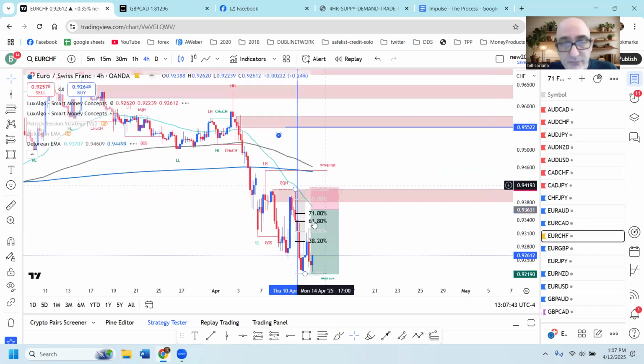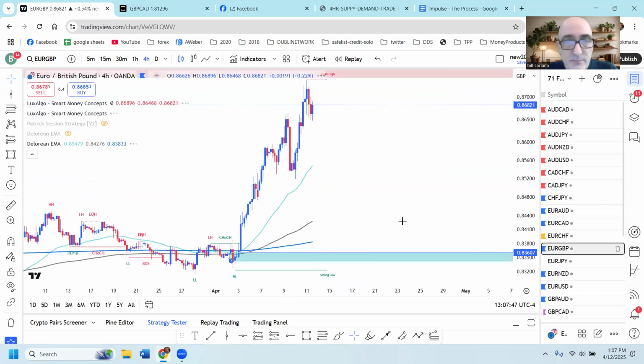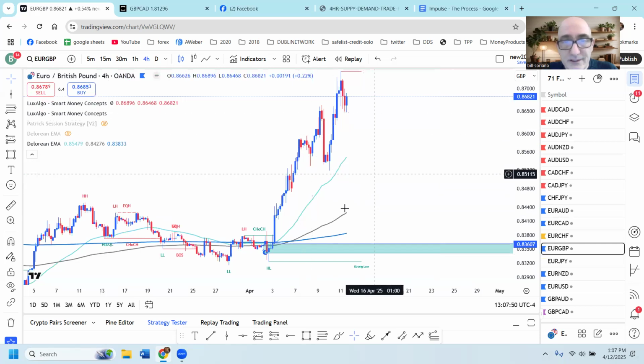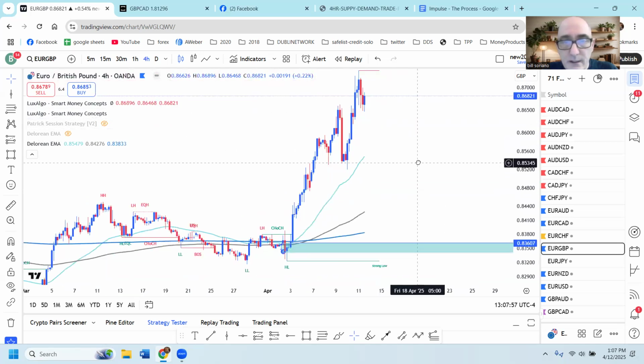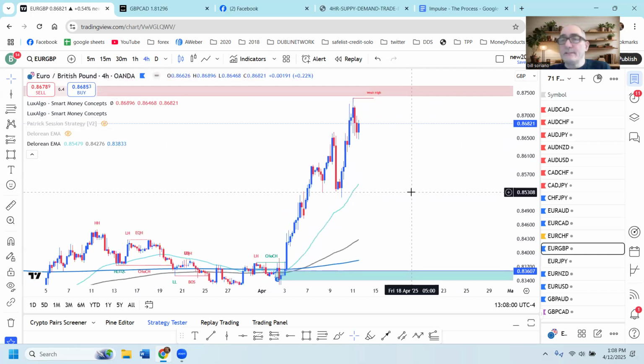EUR CHF, we already talked about that on the weekly recap. EUR GBP, this one is bullish. Again, the indicator does not give us a new demand zone in here, even though price does move up and break structure here. This has to do with the swing point settings, and that's just how it works.